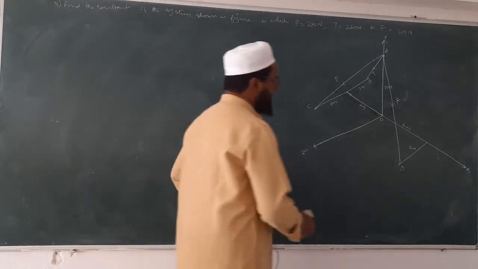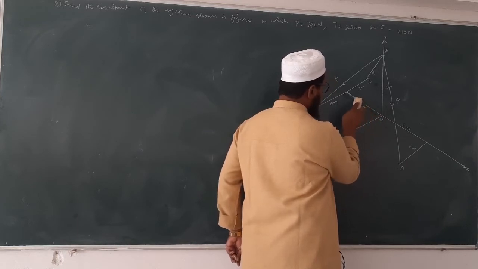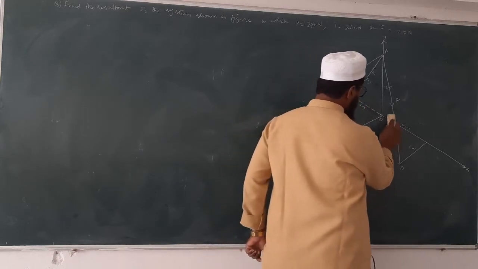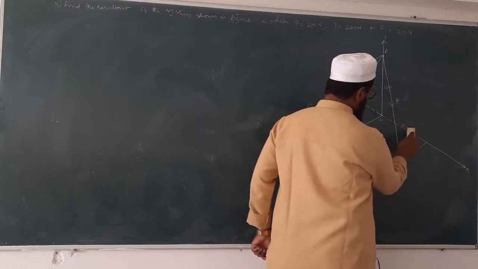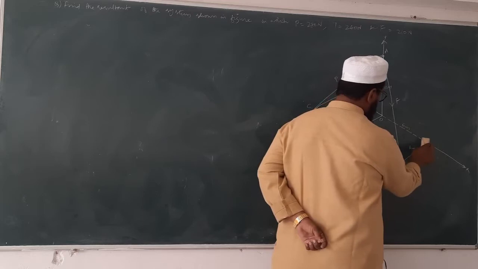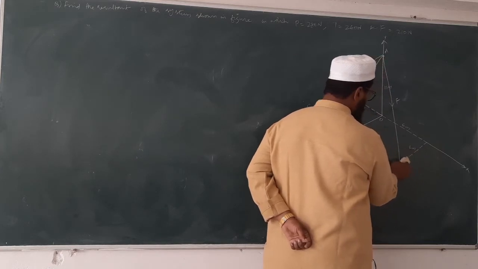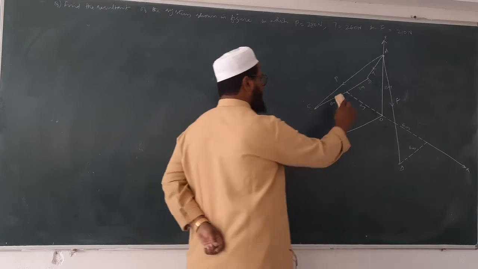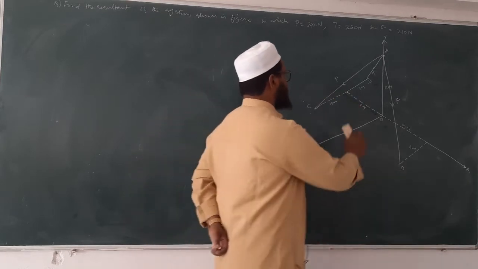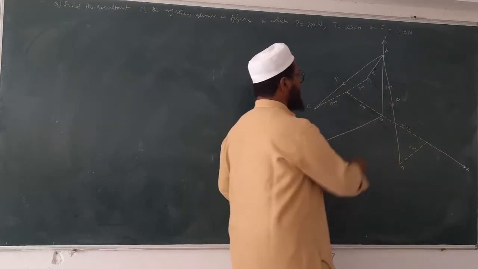Copy down this figure. So the dotted lines are the coordinates, whereas these arrows are forces.